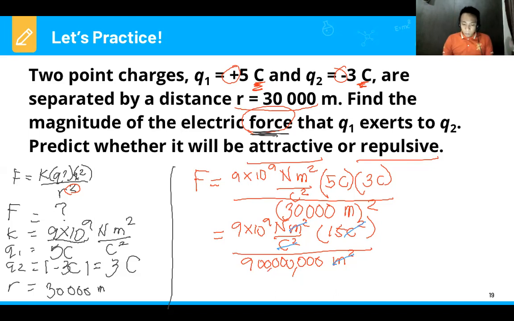And so we only have here F equals 9 times 10 raised to 9, which is actually 9 billion newtons, multiplied by 15, over 900 million.